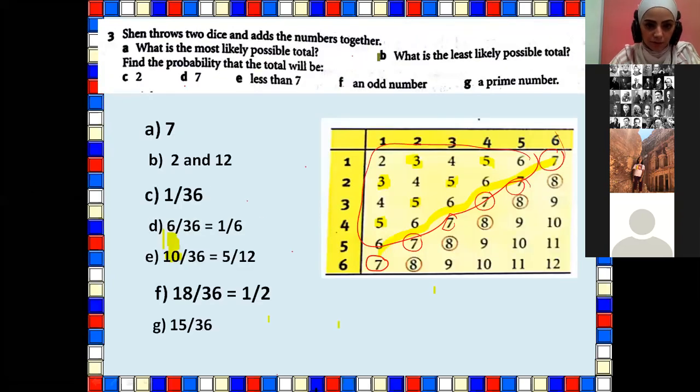The odd numbers? Let's count the odd: 1, 2, 3, 4, 5, 6, 7, 8, 9, 10, 11, 12, 13, 14, 15, 16, 17, 18, not 19. Okay, thank you. You're welcome.